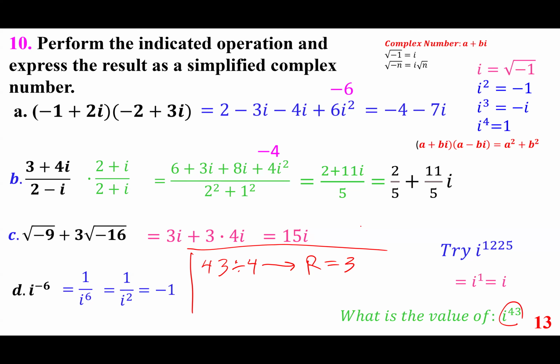So therefore, i to the power of 43 is the same as i to the power of the remainder, which is i cubed, which is negative i. This is the fastest and easiest way to come up with the answer. Divide by 4 and keep the remainder.